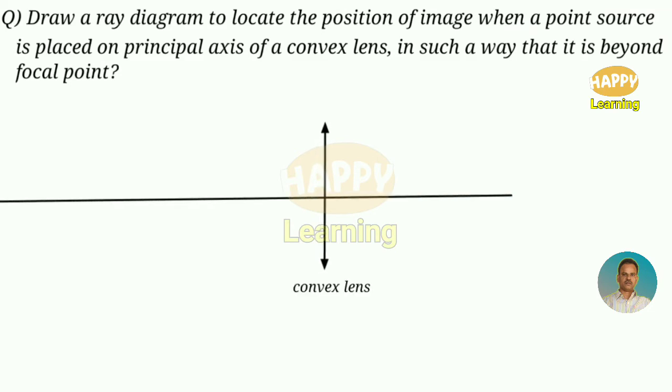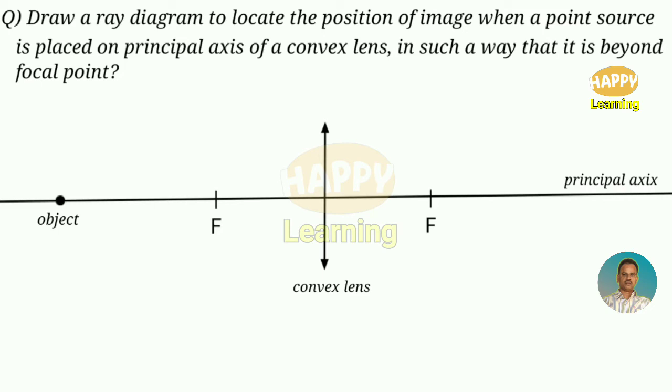Its principal axis, one principal focus, other principal focus. Let this be an object on the principal axis and it is of a point size. We want to find out its image formed on the other side of the convex lens. Obviously, the image will be on principal axis, but where it forms, what is its location, we want to find out.